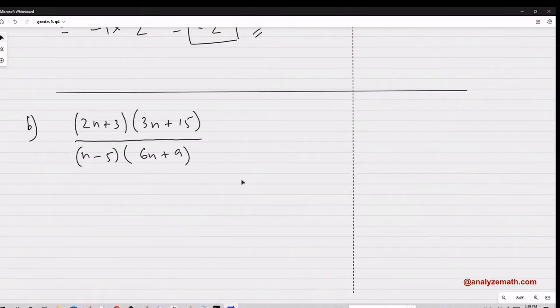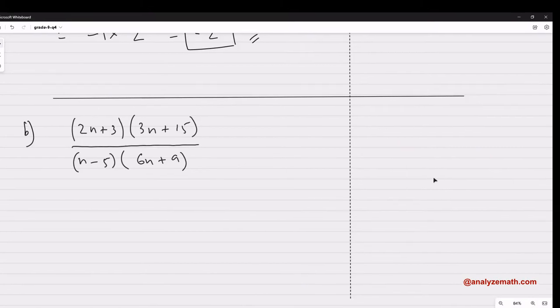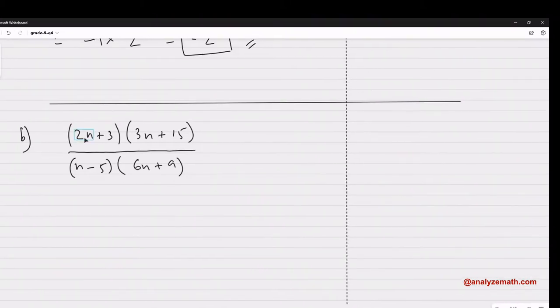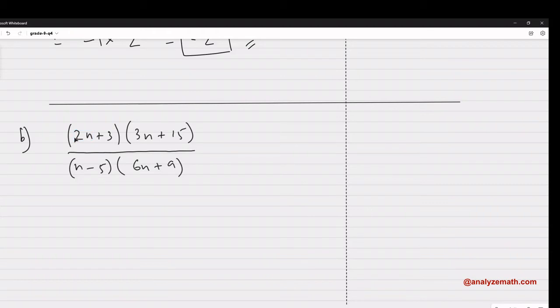We now simplify the expression in part B. So 2n plus 3, there is nothing to factor here. 3n plus 15, so let's work it out here. 3n plus 15 is 3 times n plus 3 times 5. So we can factor the 3 out: 3 times n plus 5. Good. n minus 5, there doesn't seem to be anything to factor here.